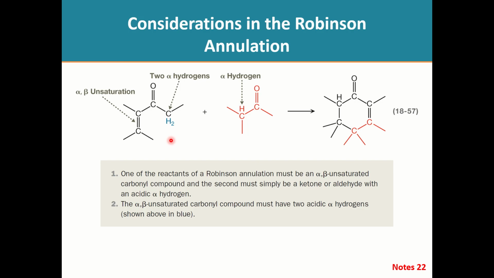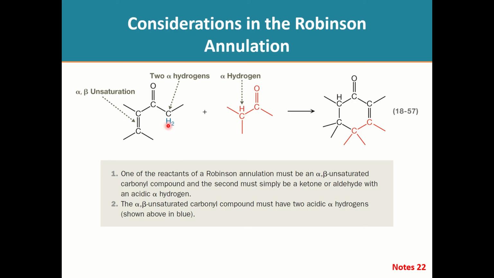Now in a Robinson annulation, there are two very important things that you must consider. When you look at your ketone, it has to have at least one alpha hydrogen. That's important.